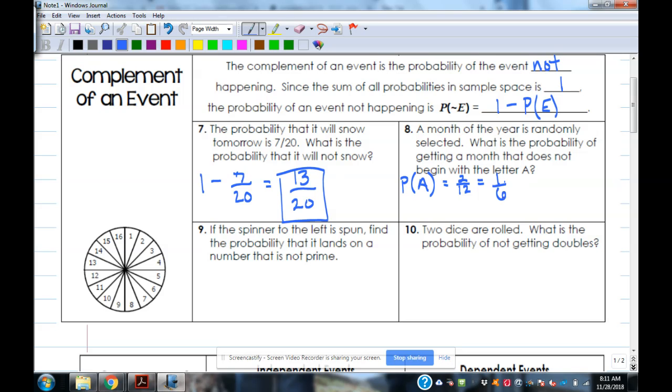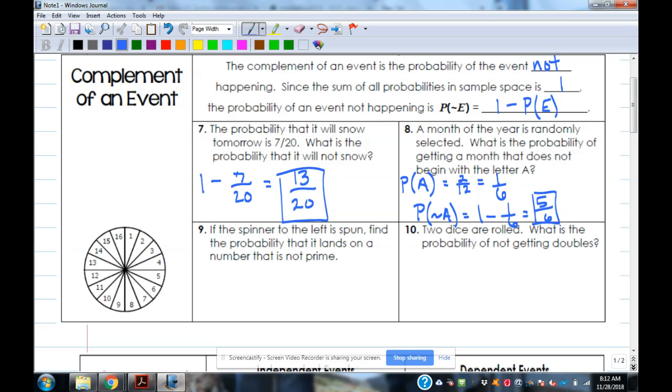So the probability of not picking a month that starts with A is 1 minus 1/6, which would be 5 out of 6. Again, this stuff is not just uber complicated at all. It's simple ideas just built into the idea of probability and going about it in a kind of systematic way.